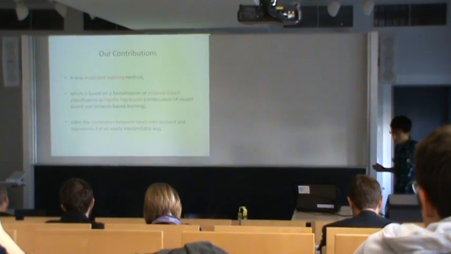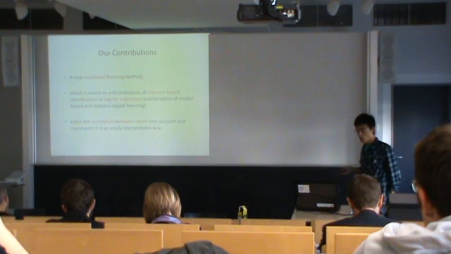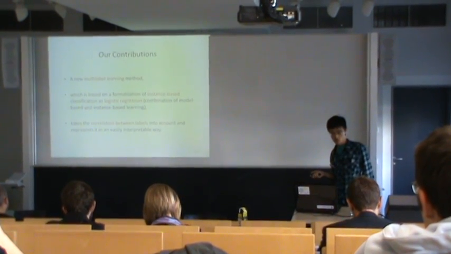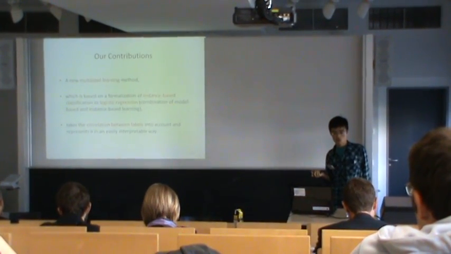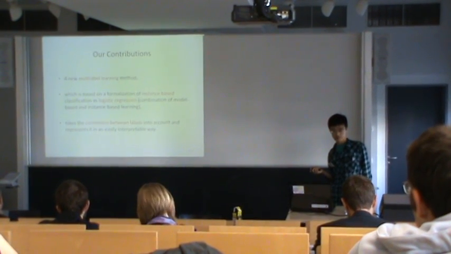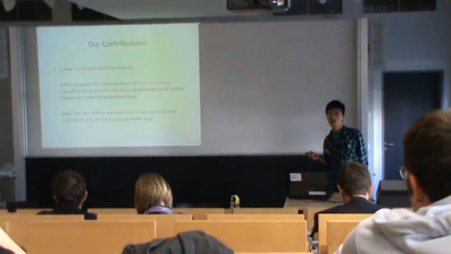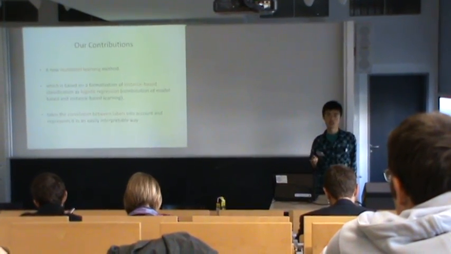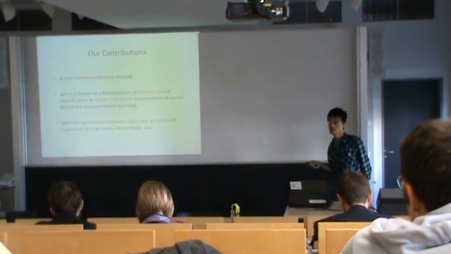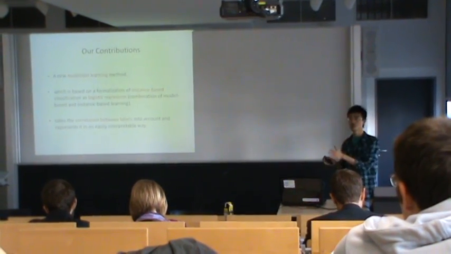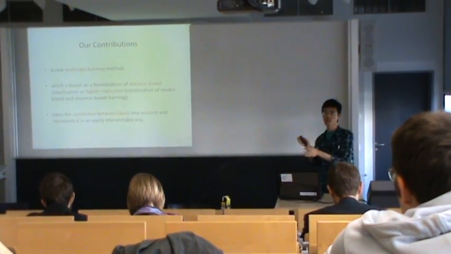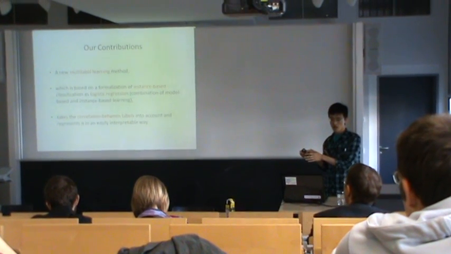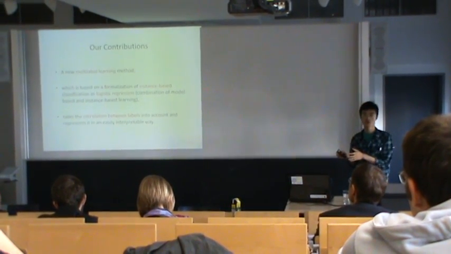So in this work, we made the following contributions. We propose a new multilabel learning approach. This approach combines the nearest neighbor principle, instance-based learning, and logistic regression together. So in a sense, we bridge the distinction between model-based and instance-based approaches, and we take the correlation between labels into consideration.